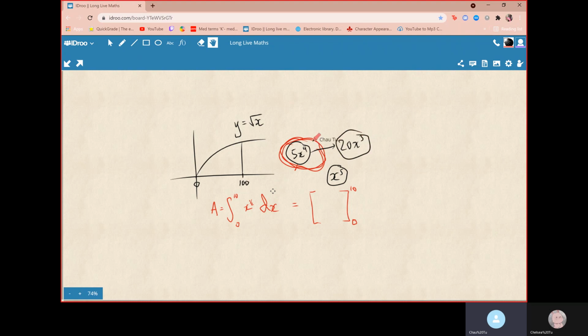I want you to find something in such a way that when you differentiate it, it gives me x to the power of 5. There is something out there.